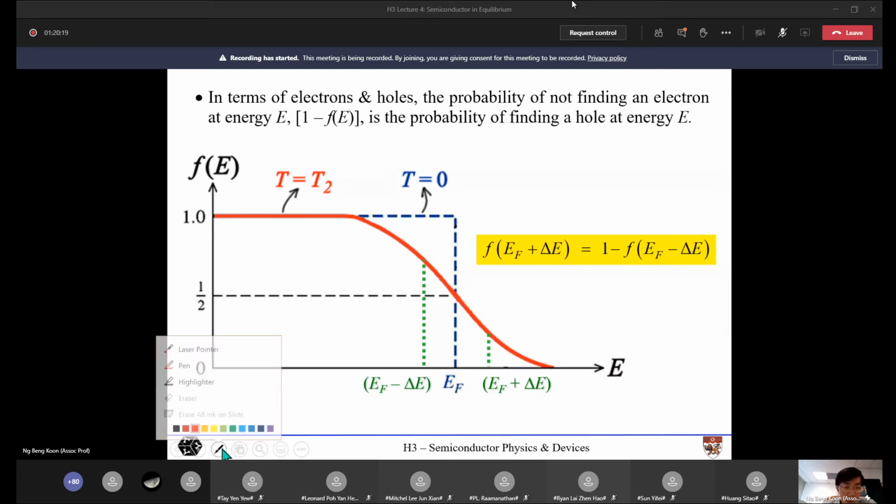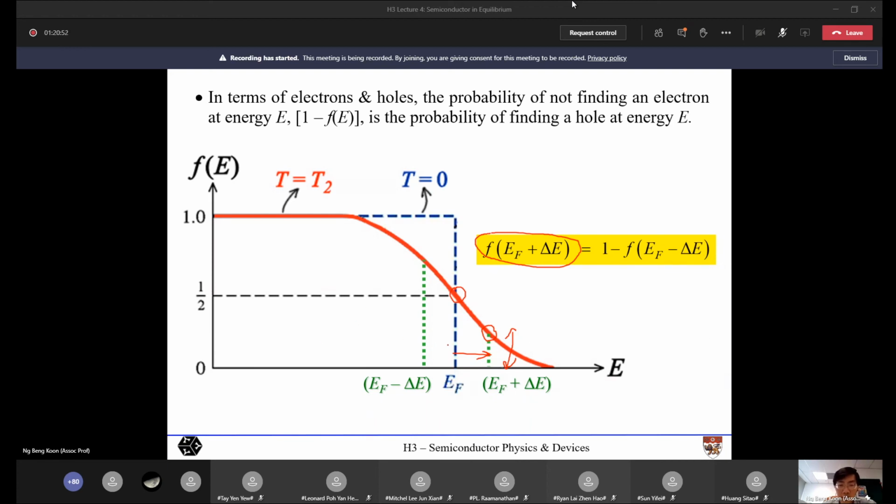If you have a symmetry about the Fermi level, EF, then what we can also say is that the probability of finding electrons at an energy state delta E above EF, which is this position here, right? Probability, that means this vertical value, is the same as 1 minus the probability of finding an electron at an energy state delta E below EF.